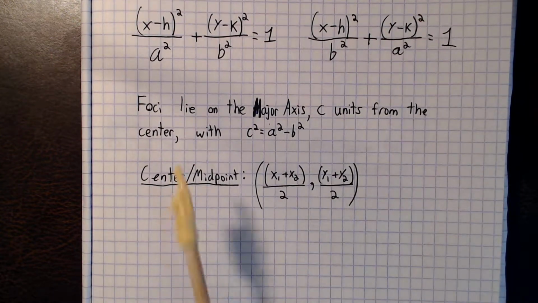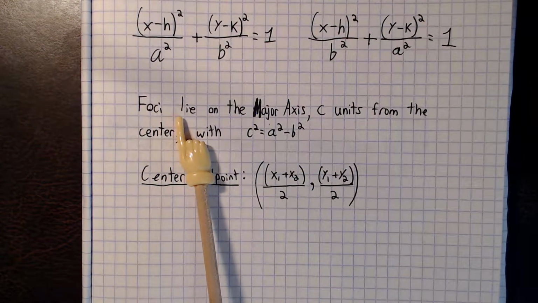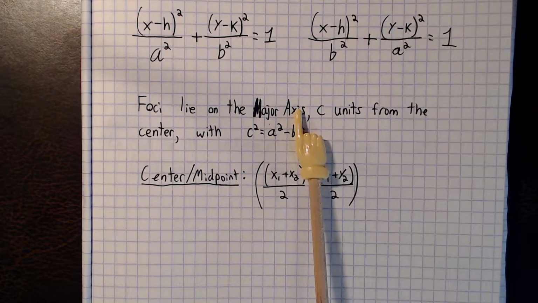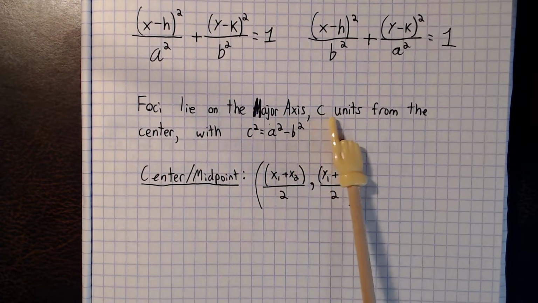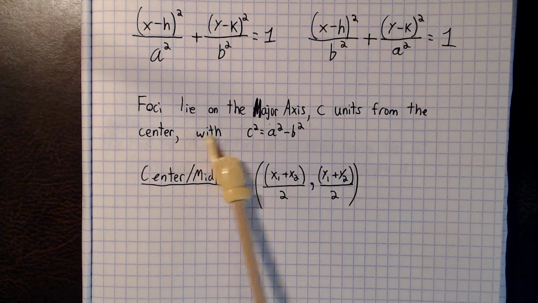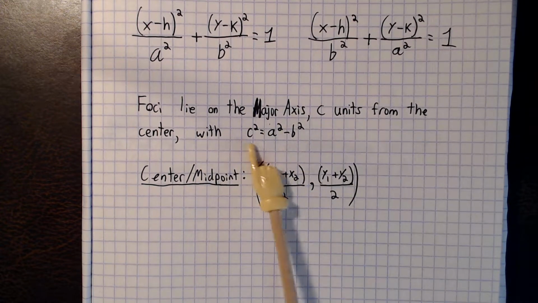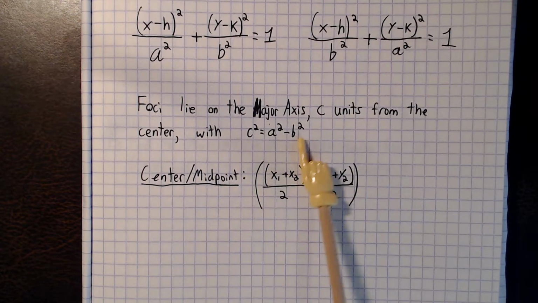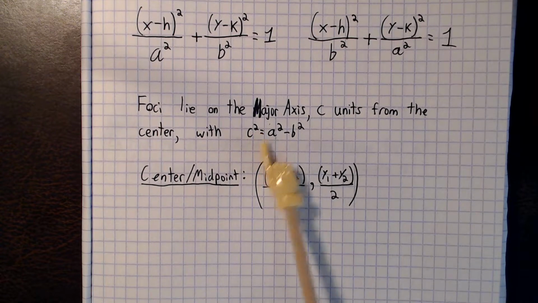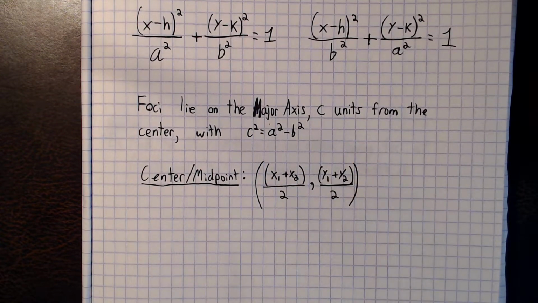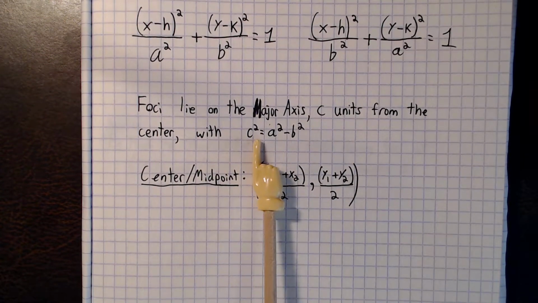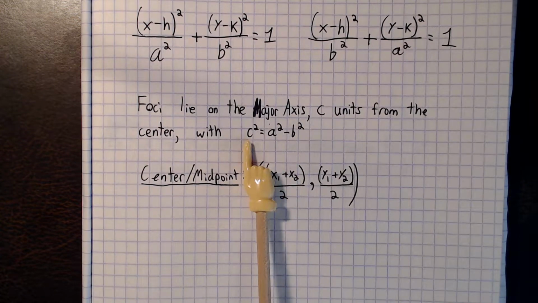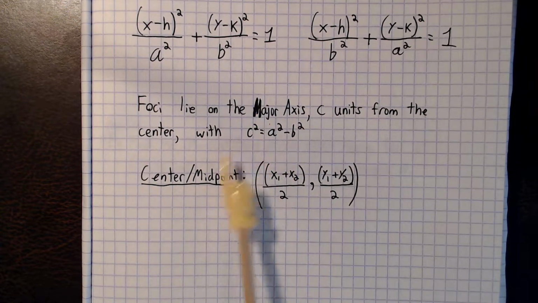Then we have this little bit of information that tells us that foci lie on the major axis. That makes sense. c units from the center with this equation. We got that just by solving for c from that little Pythagorean theorem that they showed us a minute ago. And we're going to want that because we're not necessarily going to be given the c value.